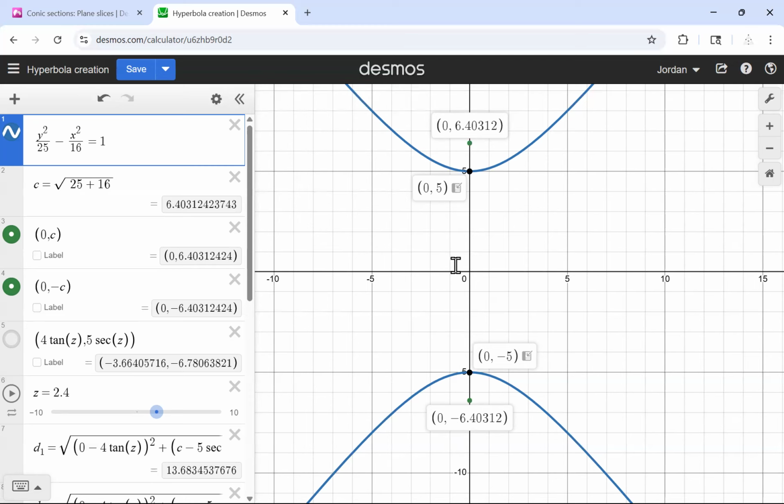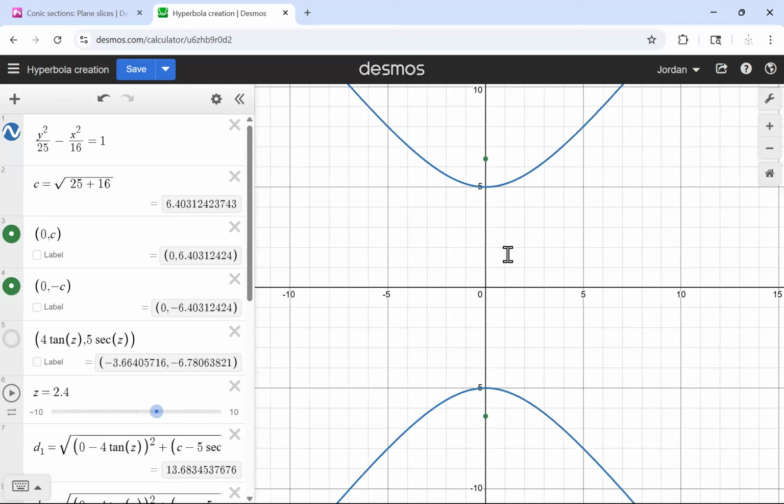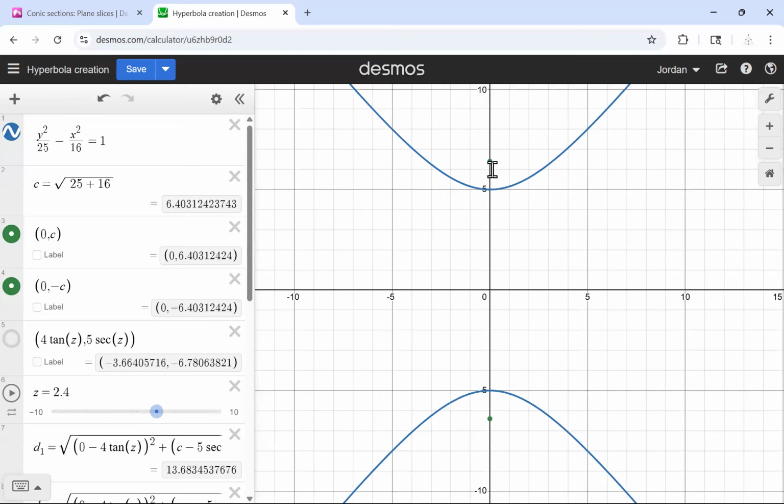Now, I say that this has asymptotes. You might not see the asymptotes if you're zoomed in this close, because when I'm close to each of the vertices, the hyperbola looks kind of like a parabola.